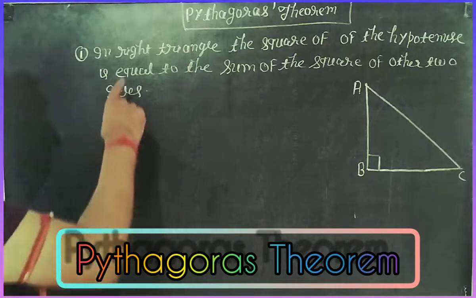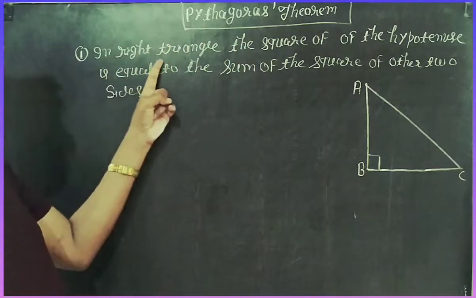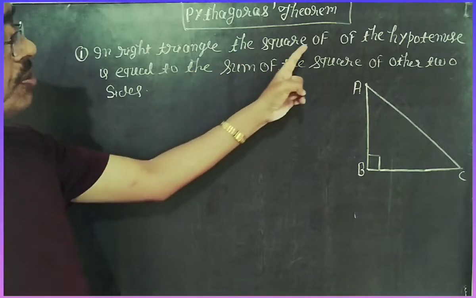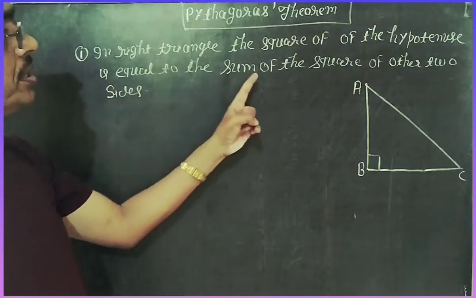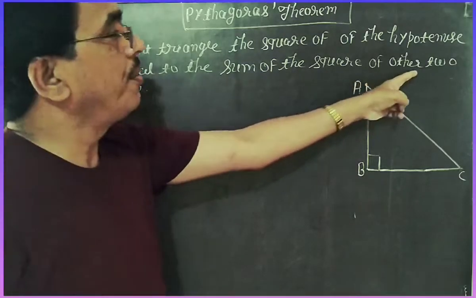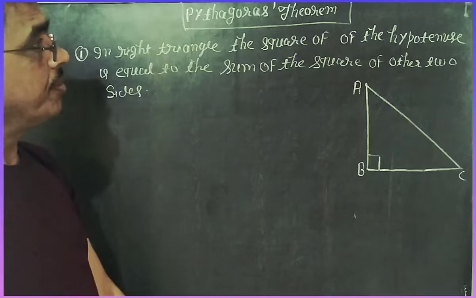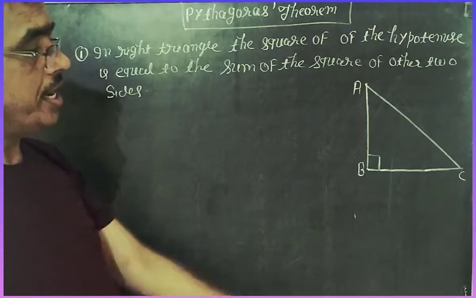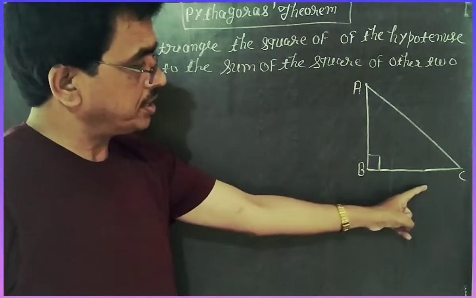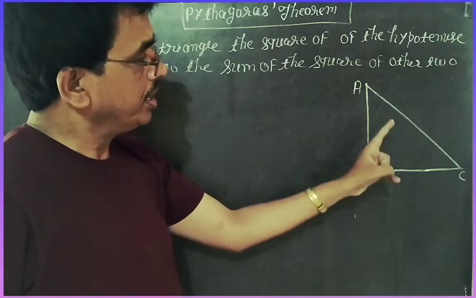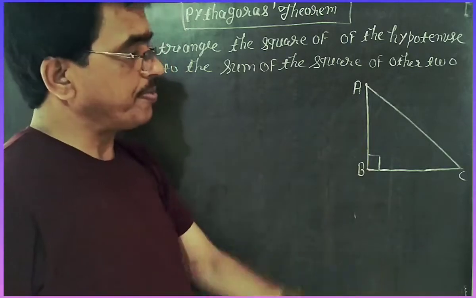Question is Pythagoras theorem, and the statement is in right triangle the square of the hypotenuse is equal to the sum of the square of other two sides. Dear student, Pythagoras states that in a right angle triangle, if it is a right angle triangle ABC, then AC is the hypotenuse, and this is the base and this is the perpendicular.